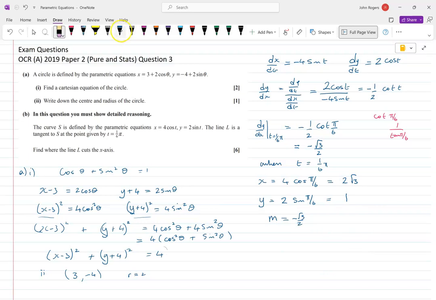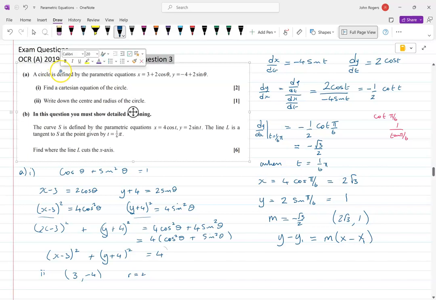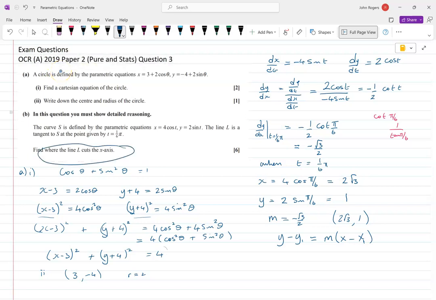So the coordinate that we need to work on is 2 the square root of 3, 1. So I'm going to use y minus y1 to work out my equation. I know other people have different strategies, which is kind of okay, although this is particularly useful here because we're not actually asked for the equation of the line, we're asked for when it cuts the x-axis.